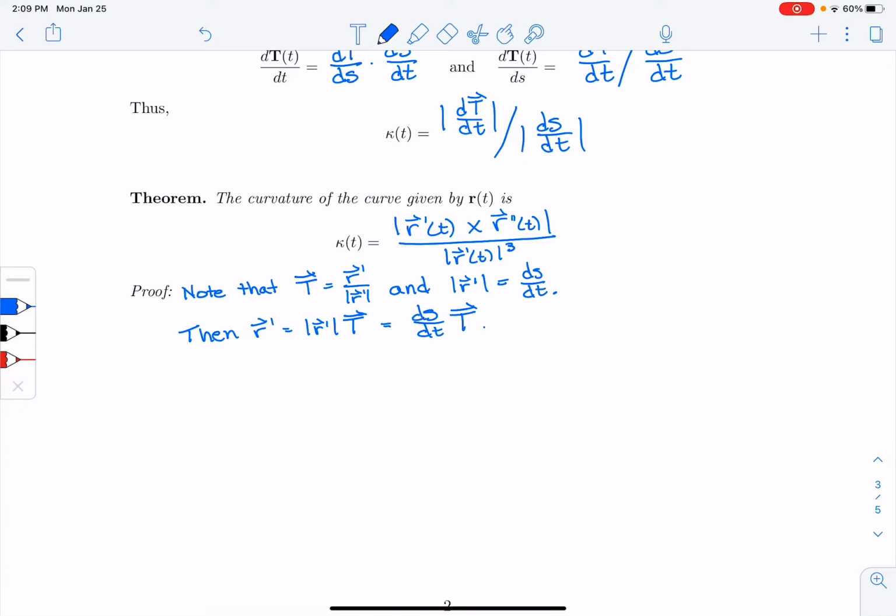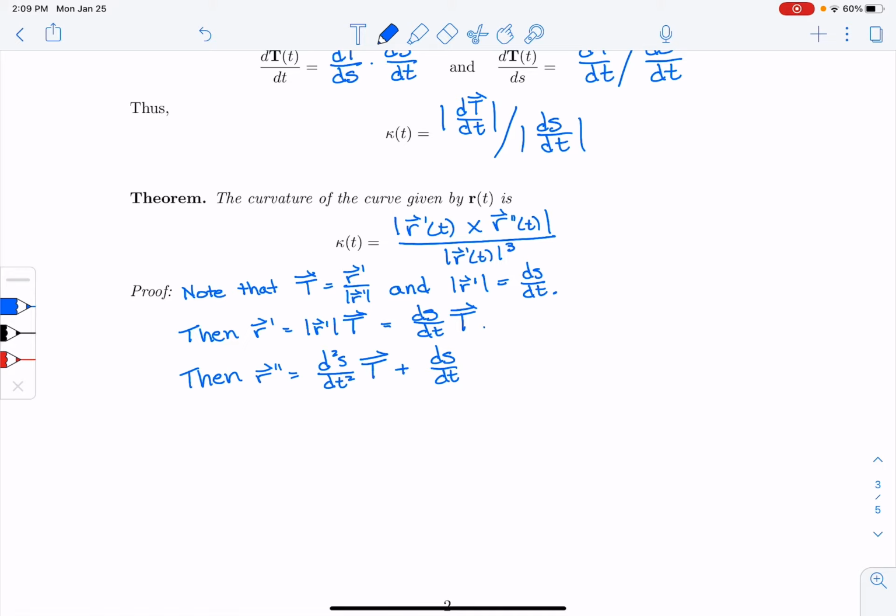What about r double prime? What is that? Well, that's going to require us to use the product rule. So that's going to be the second derivative, d squared s/dt squared, times T, plus, now I'm going to leave ds/dt alone and take the derivative of the unit tangent vector.